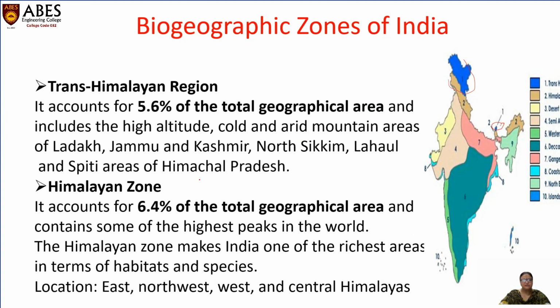Coming to the second one, it is the Himalayan zone. In this figure, you can see the extension of this Himalayan region, and the presence of this particular geographical area. In this geographical area, there is the distribution of flora and faunal species.